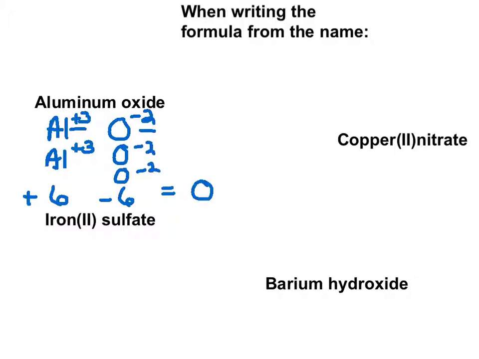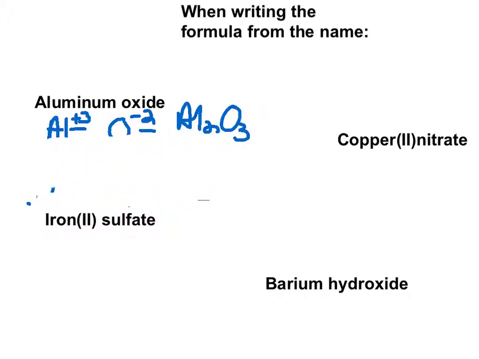And then the way I would write that would be Al2O3. Now, the shortcut way of doing that would be like this.